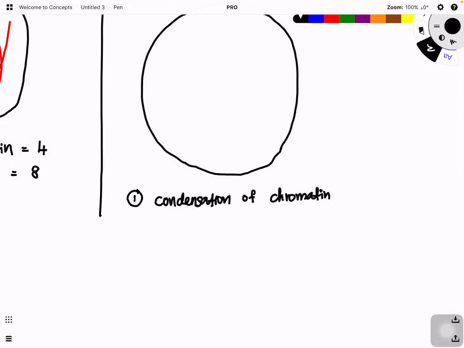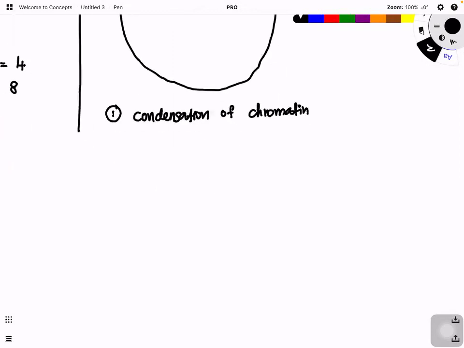During the condensation of chromatin, you can see that homologous chromosomes actually move toward each other, and we call it a homologous chromosome pair. Are you clear? Because of protein-protein interaction, they recognize each other, then they start to move closer to each other and pair up.